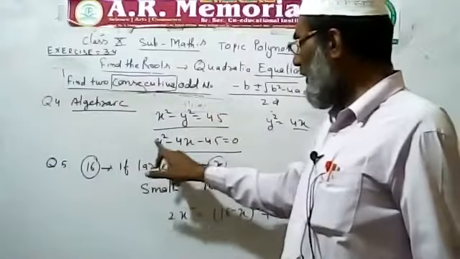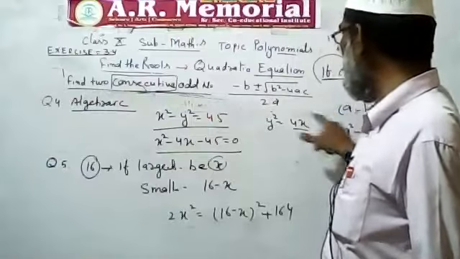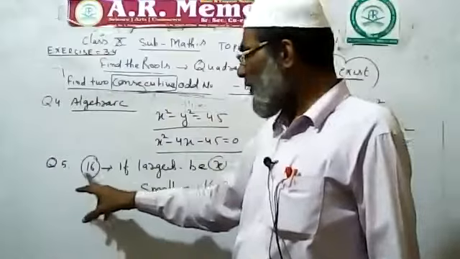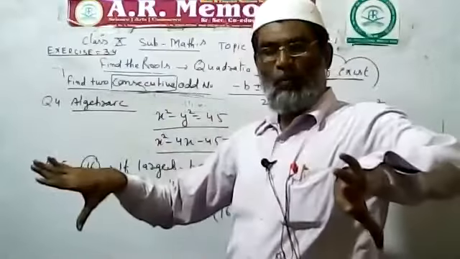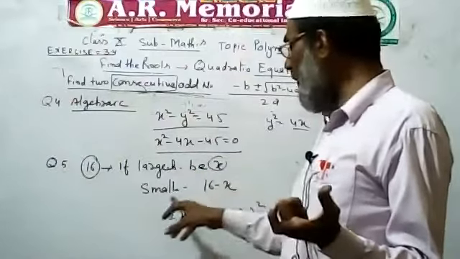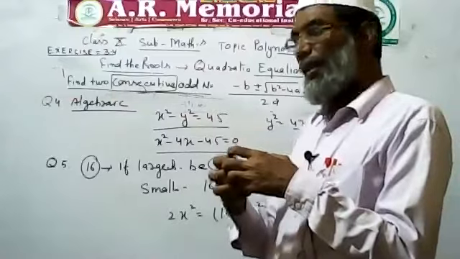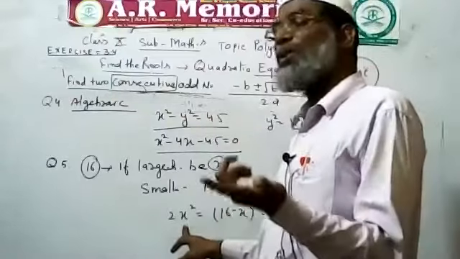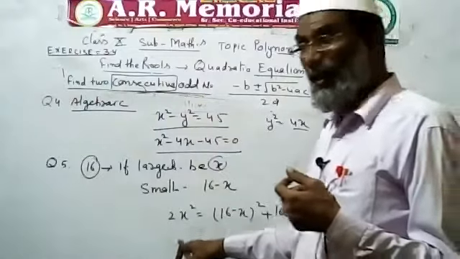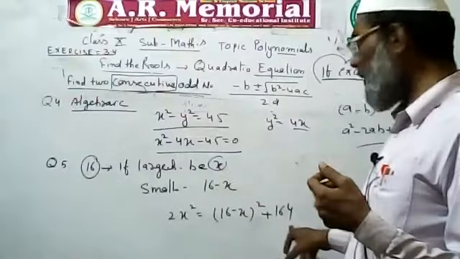A is 1, b is minus 4, c is this, then b square minus 4ac, the discriminant. By the discriminant you get the number and solve. In 5, we want to divide 16 into 2 parts under a particular condition: larger is x, and the smaller is the other. So what is the relation between the smaller and the greater? Twice the square of the greater. They are not equal, this is smaller, so I put 164 here.